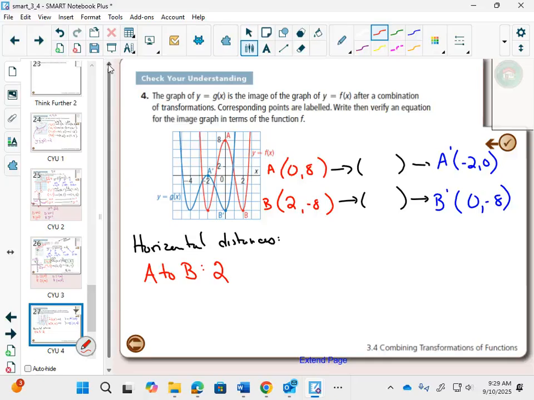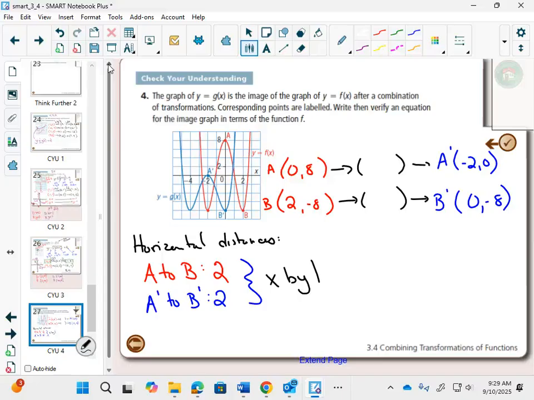If it was to the left, I would put -2. And then if I look at the new graph, the horizontal distance from A prime to B prime is also a 2. There's been no change. So technically your x values got multiplied by 1. There's no horizontal stretch or compression. It's exactly the same width as before, because from A to B was 2 units, and on the new graph it's still 2 units.